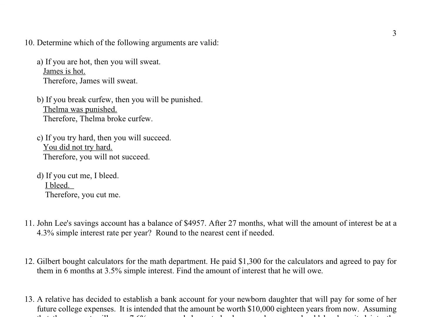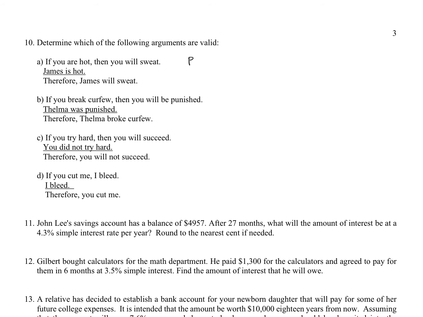Number 10, determine which of the following arguments are valid. So we have really 4 things that we need to look at individually. So let's look at the first one. What we're going to do in part A is we're going to write these in symbols. So if you are hot, then you will sweat.